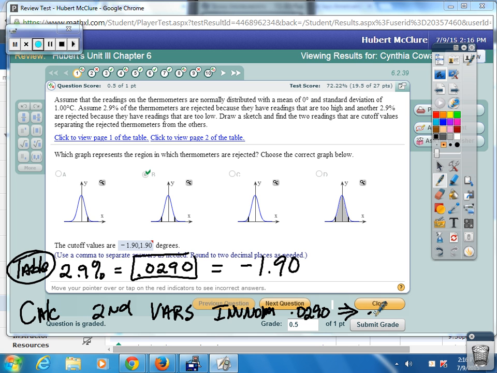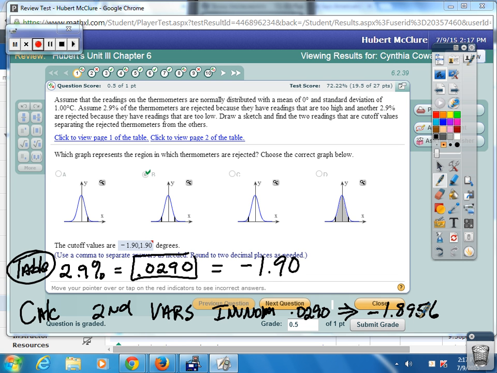Negative 1.8956. Okay, now, even though the two numbers are basically the same, you're going to get a different answer as far as the hundredths, thousandths and ten thousandths. They are going to be a little bit off because of the table rounding. And you'll see that in your problem.